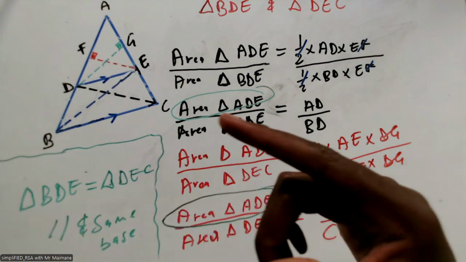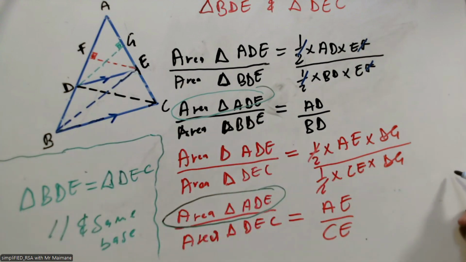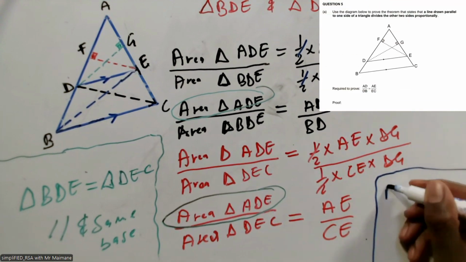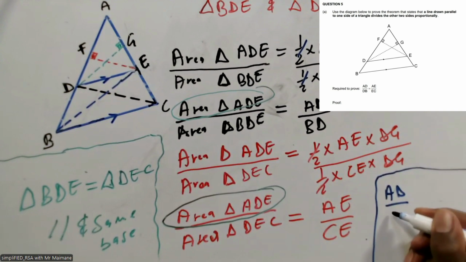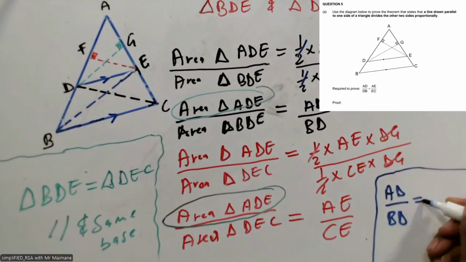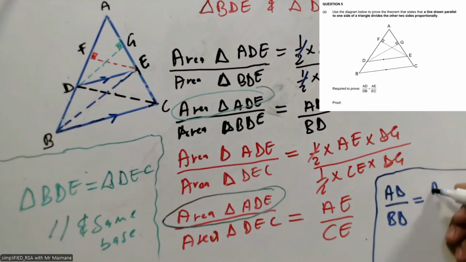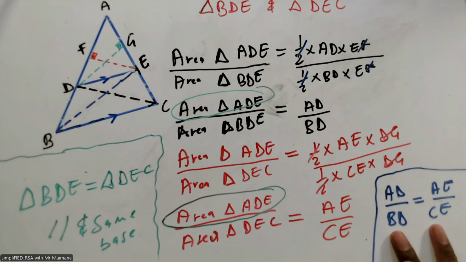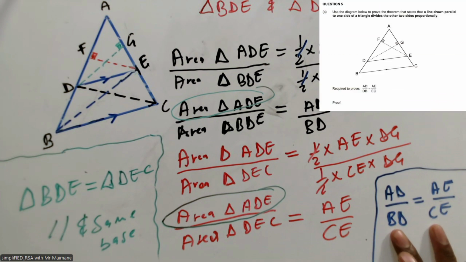Therefore, to answer our first question, number A, because we have proved it, we can say that AD over BD is equal to AE over CE. And this proves proportionality, which is what we were required to prove.